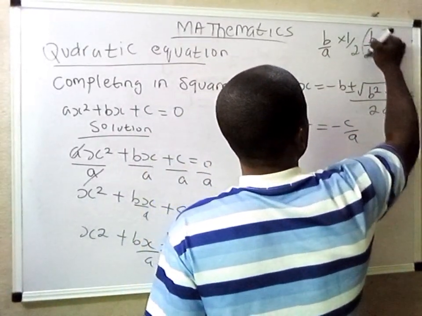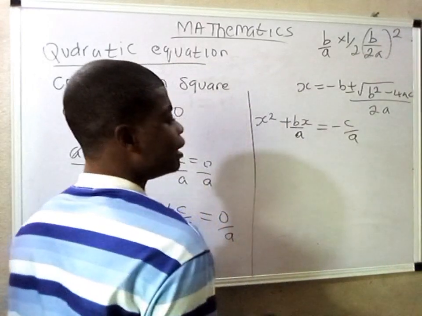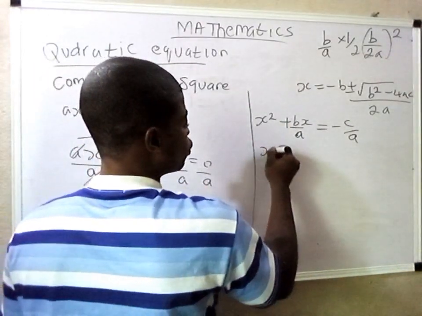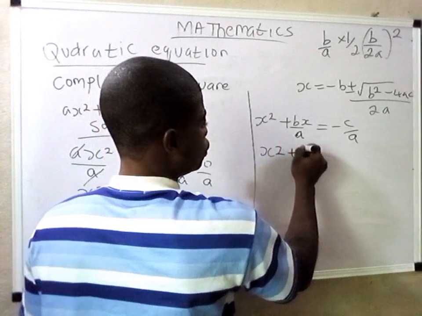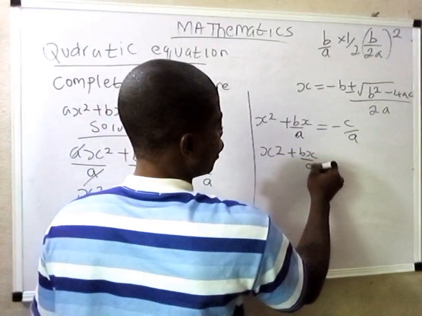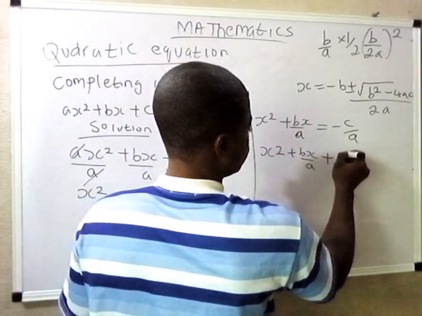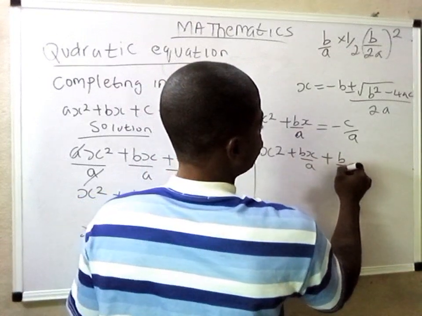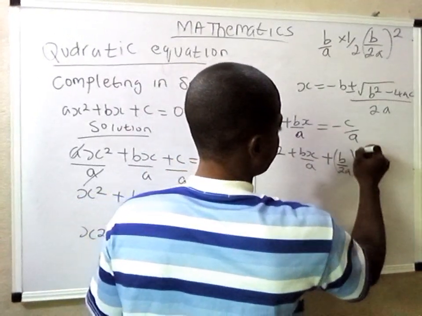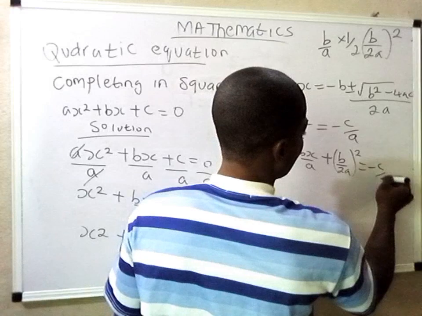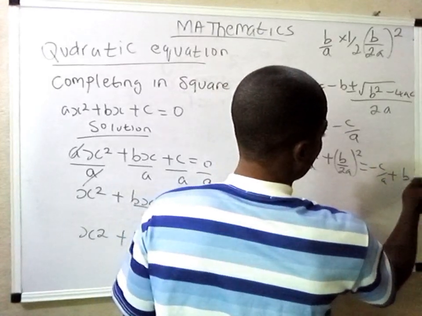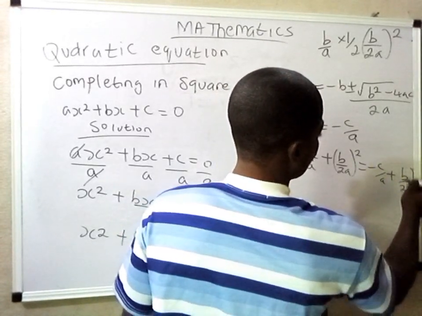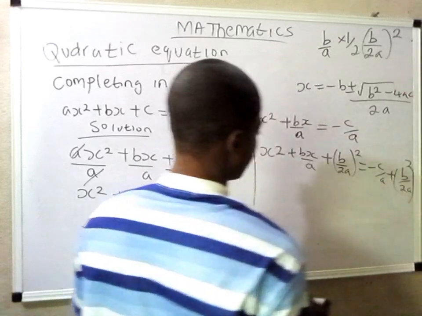Then you square it and add it to both sides. So x squared plus bx all over a plus b over 2a all squared equals minus c all over a plus b all over 2a all squared.